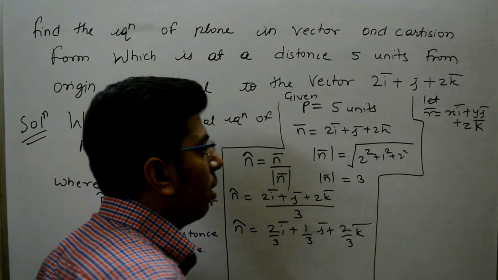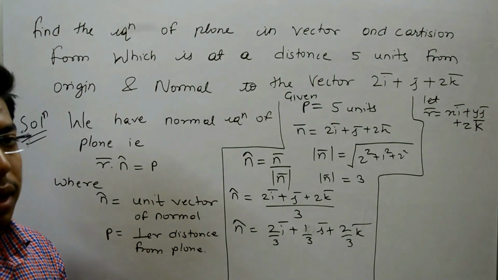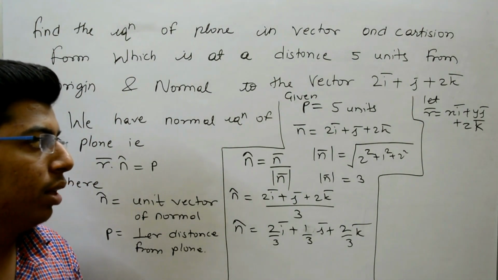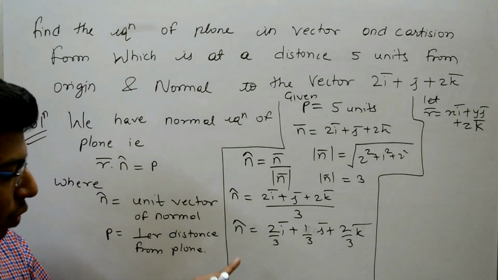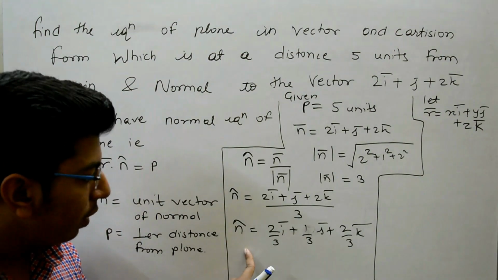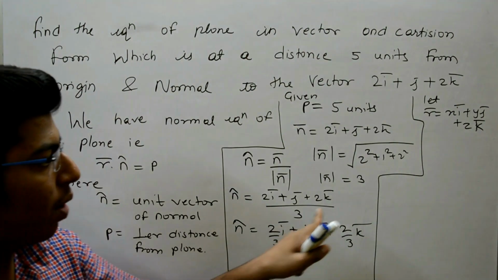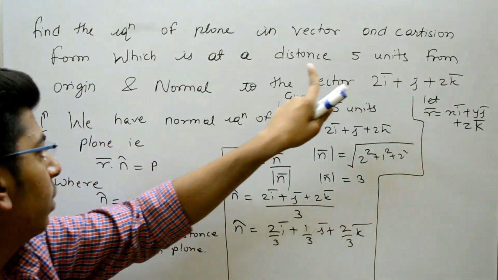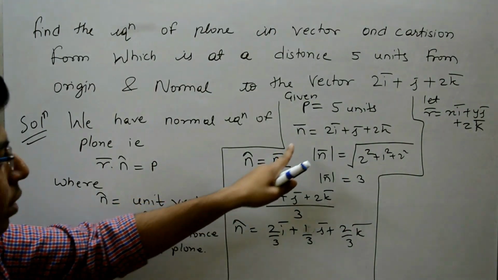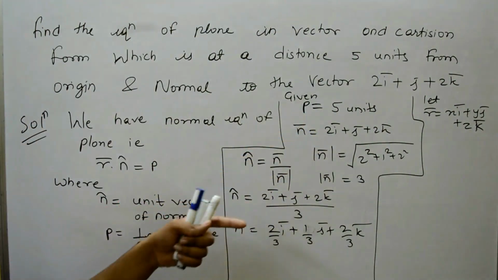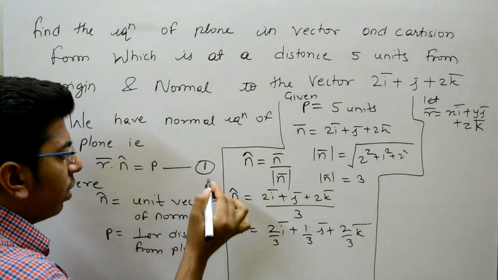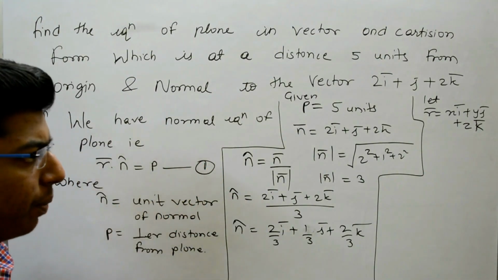Now we have the unit vector, we have r bar, and we also have p. So we just have to put them in the formula, equation number 1.